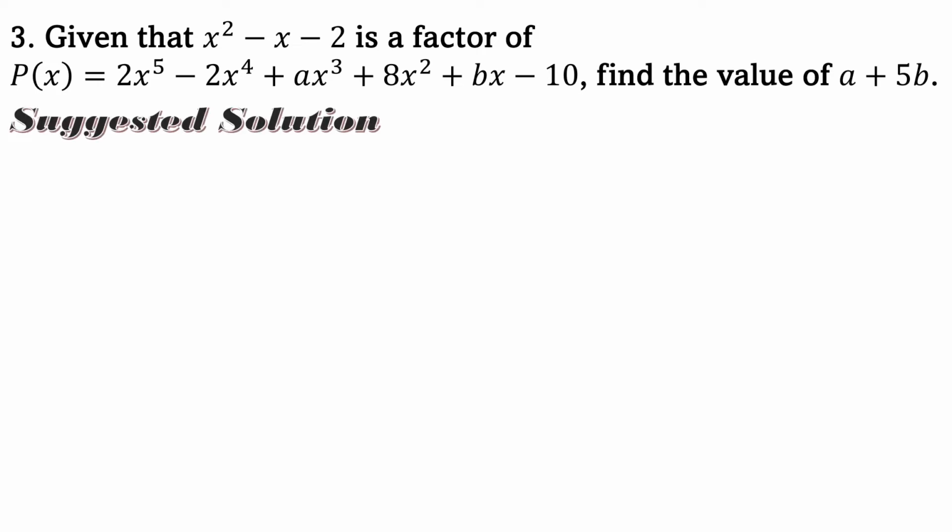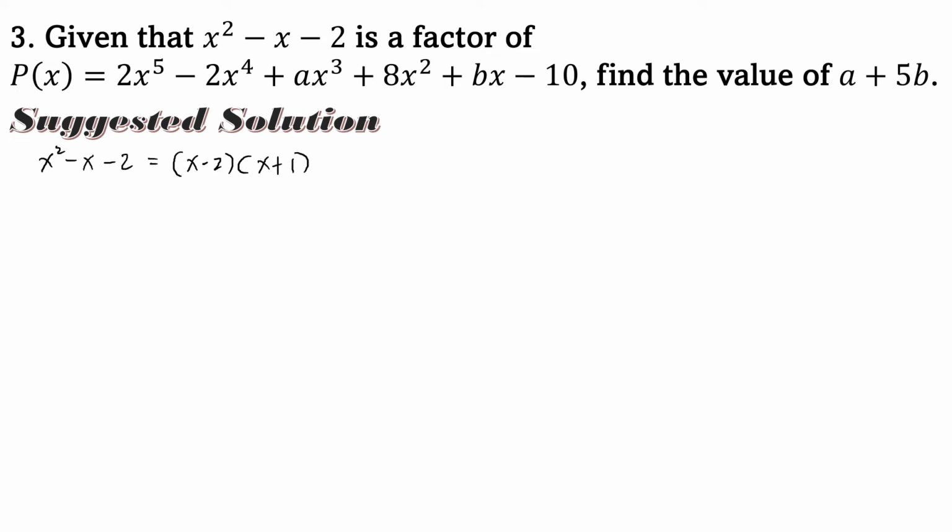Para sa ating suggested solution, alam natin na ang x squared minus x minus 2 ay factor ng given polynomial. Ang x squared minus x minus 2 ay may factors na x minus 2 at x plus 1.